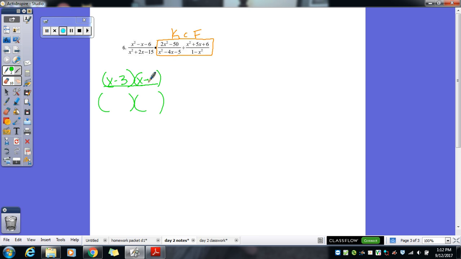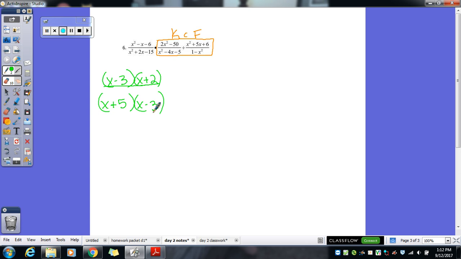So x minus 3, x plus 2. Alright, the one underneath it, what multiplies to give us 15? 5 and 3. Which one's my positive? I want a positive 2 in the middle, so my 5 has to be the positive.